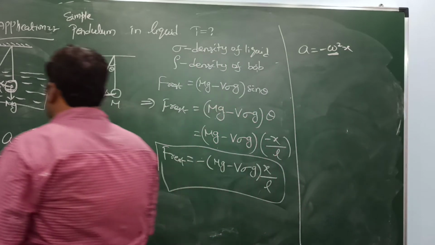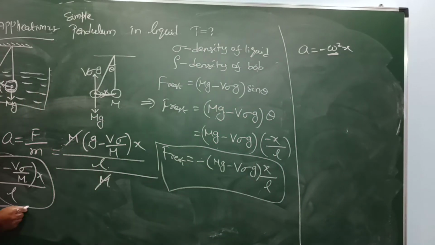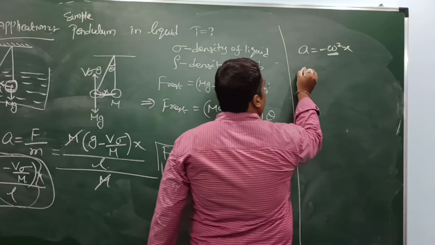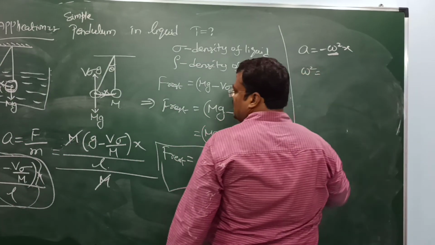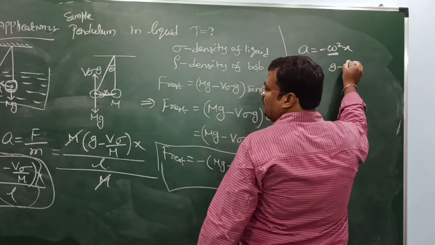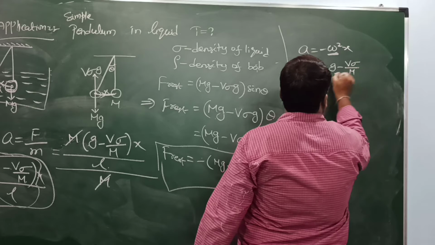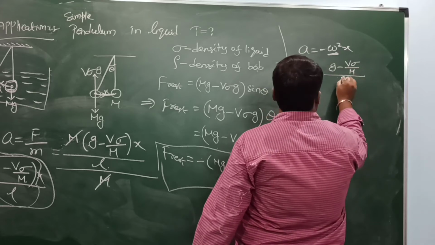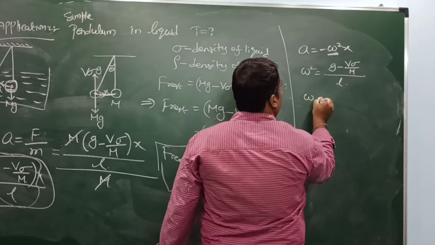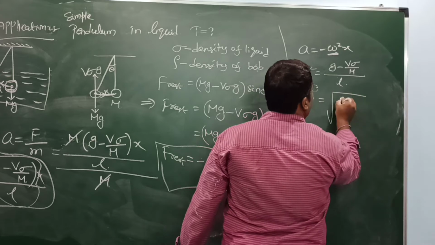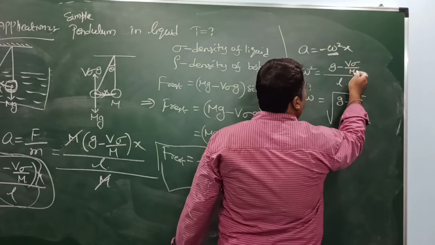A is equal to the entire content (g minus Vσ/m) divided by L, which is nothing but a constant. Here omega squared is equal to (g minus Vσ/m) totally divided by L.